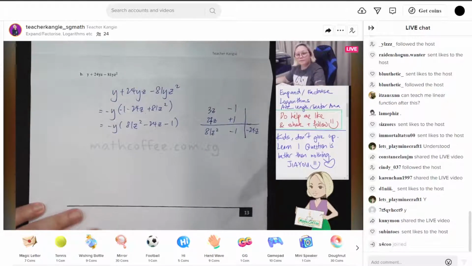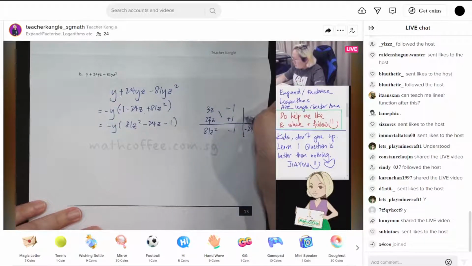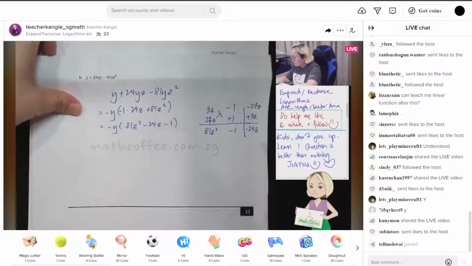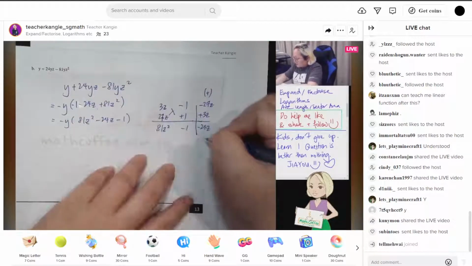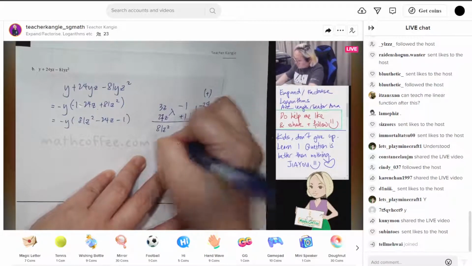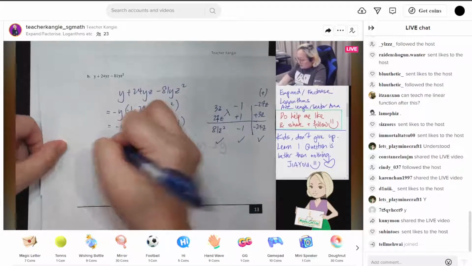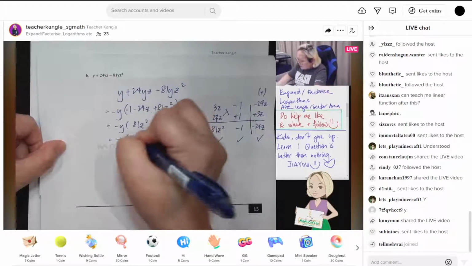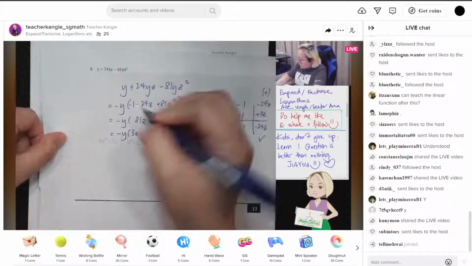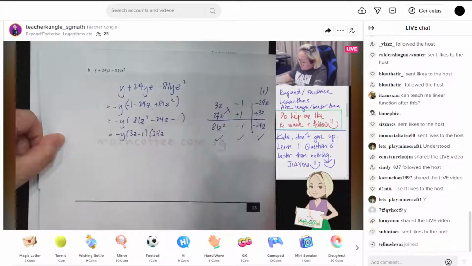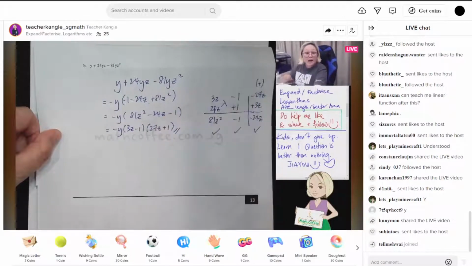Okay, so we have plus 3z and minus 27z. So you can check this is correct, and this is correct. So in the end, this is minus y, bracket 3z minus 1, 27z plus 1. Done.